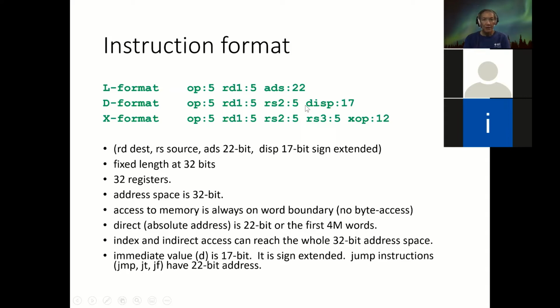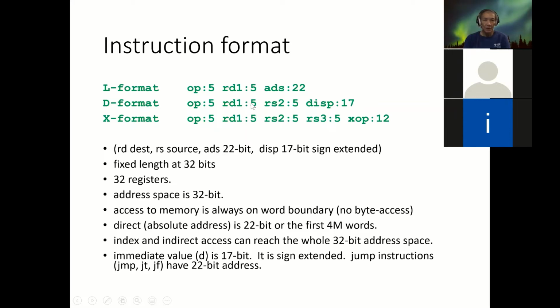The next format is probably the most popular one. If you remember three-address, we have this format to specify all the operations in three-address. Okay, this one with the immediate value of 17 bits, and this one specifies all the three registers.